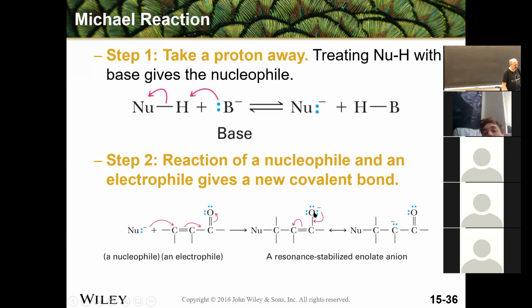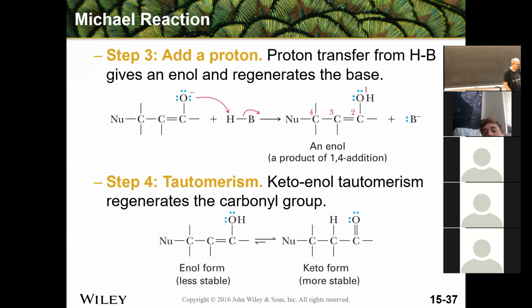So instead, oxygen pushes back down, and this double bond then pushes a pair of electrons onto the alpha carbon. And even if we do protonate the oxygen, then this will tautomerize to the ketone.